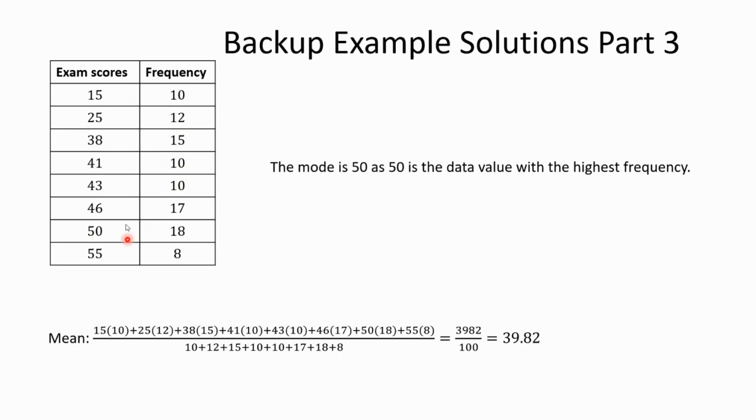For the mean, you can imagine as if the data were listed according to its frequency. So 15 would be listed 10 times, 25 is listed 12 times, 38 is listed 15 times. If you do that, you would have to add up all those numbers. That's the same as doing 15 times 10, 25 times 12, and so on.